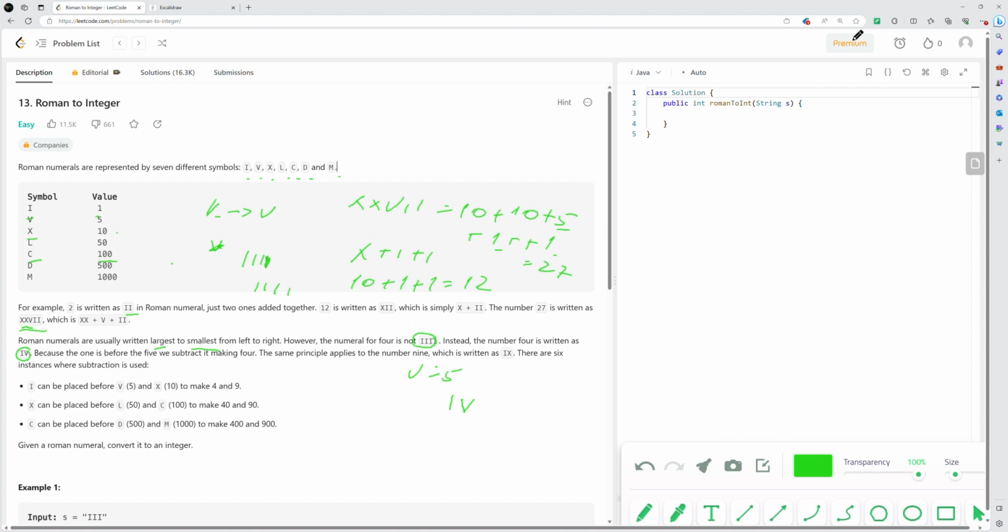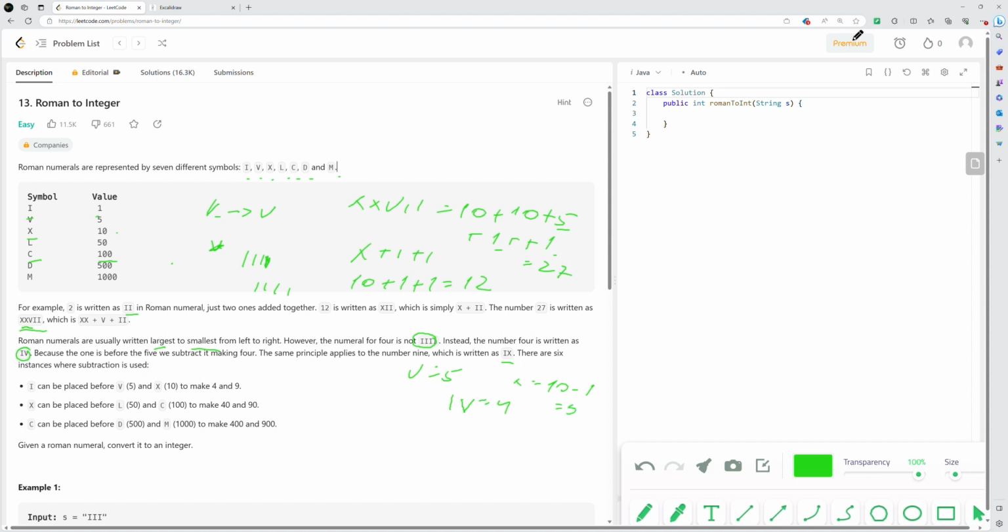So this was 5 and this is 1, so it equals 4. The same principle also applies to 9, which is written as IX, because X is equal to 10 and I is a smaller value symbol. We decrement 10 by 1 and we get 9.